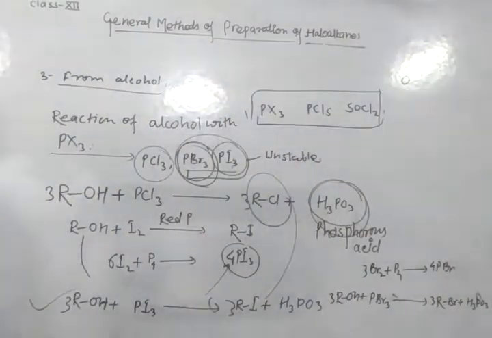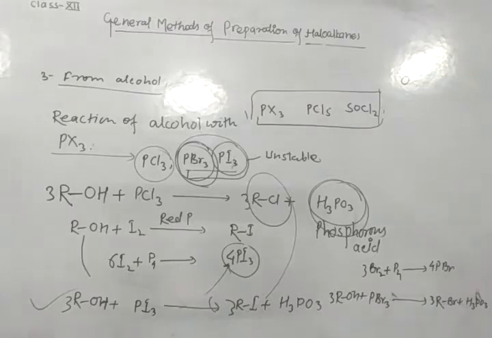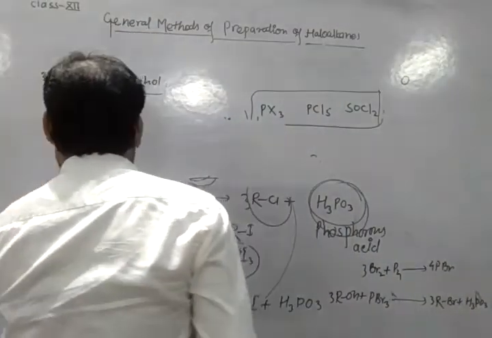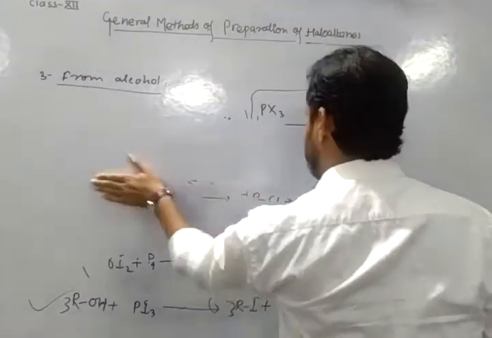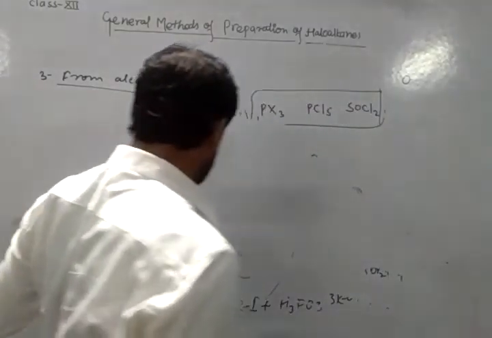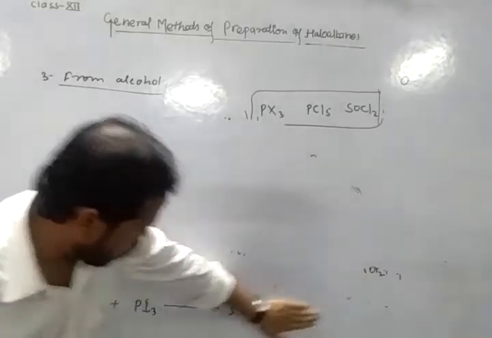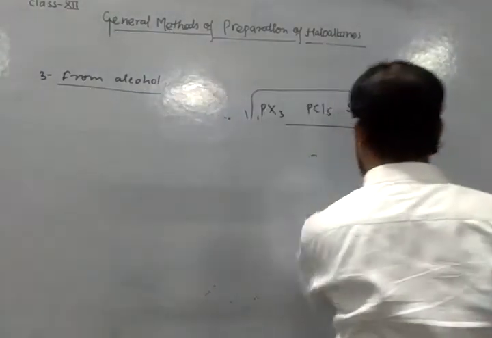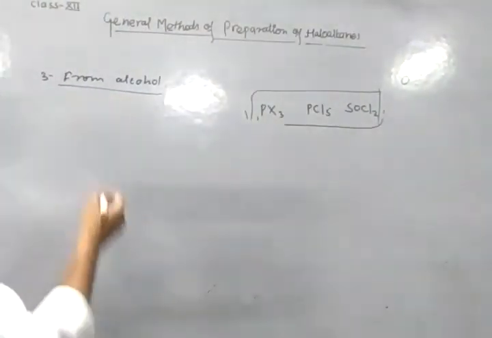Clear? Now, in the second method, we will study PCl5. When alcohol is treated with PCl5, it forms haloalkanes, and the byproducts are phosphorus oxychloride and HCl. Now, let us see the example.